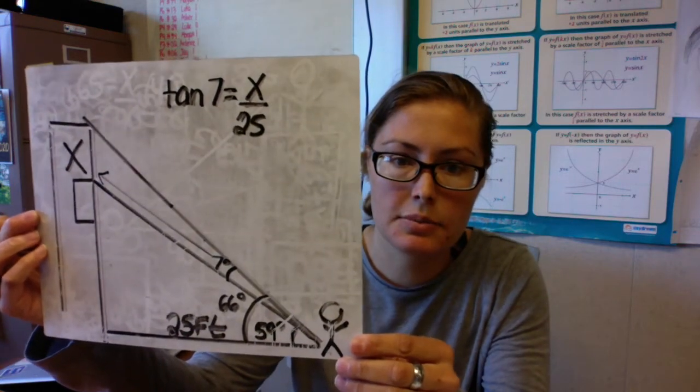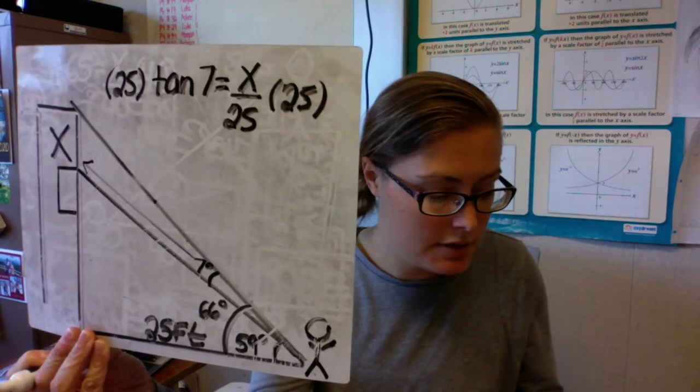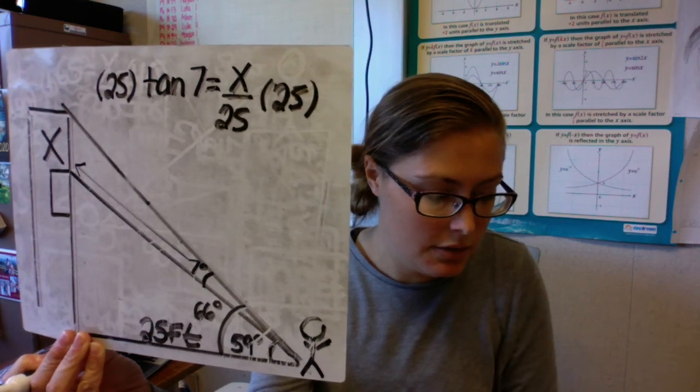So that means we have the tangent of 7 is equal to x over 25. Going to multiply both sides by 25. So 25 times the tangent of 7, and we get 3.1 feet.